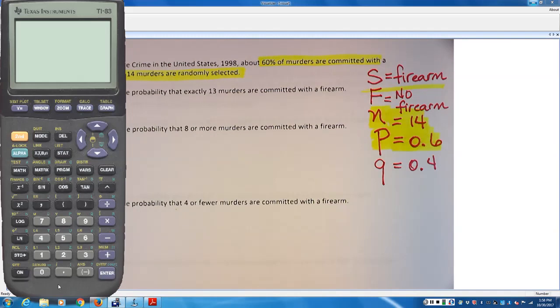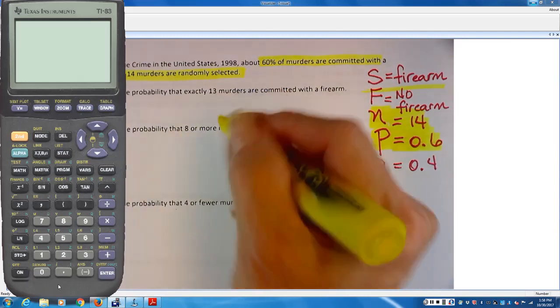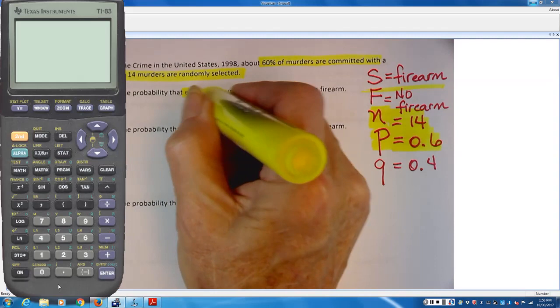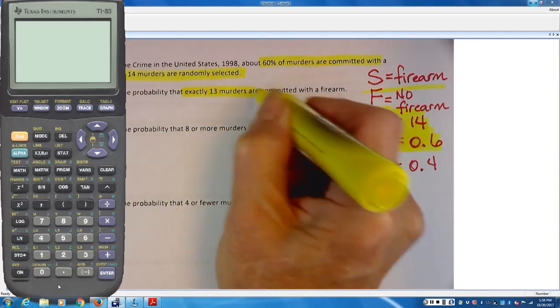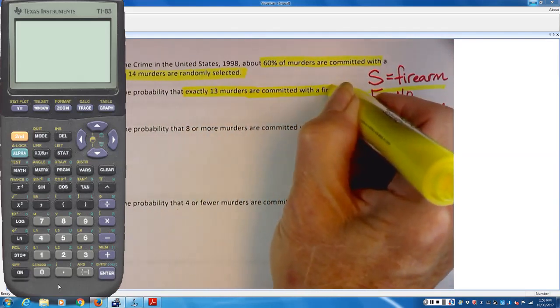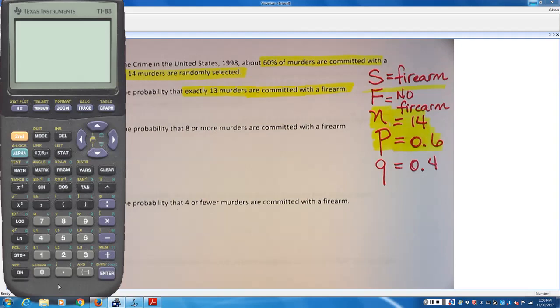And then in the next problem, what does that give us? What is the probability that exactly 13 murders are committed with a firearm?